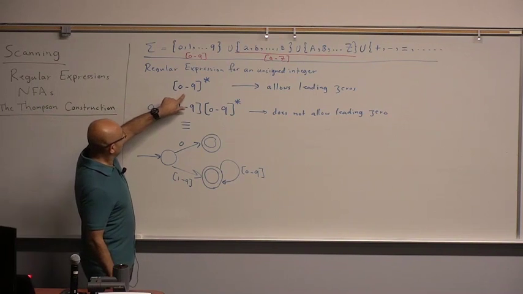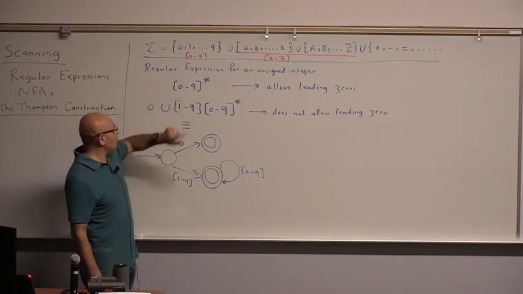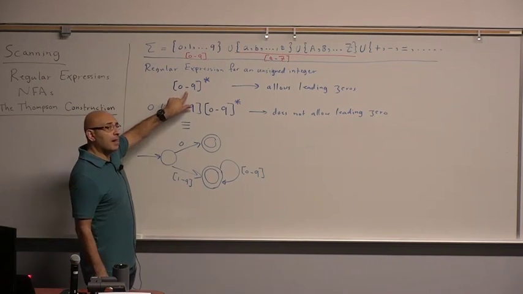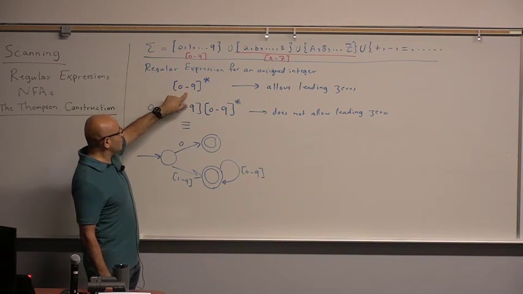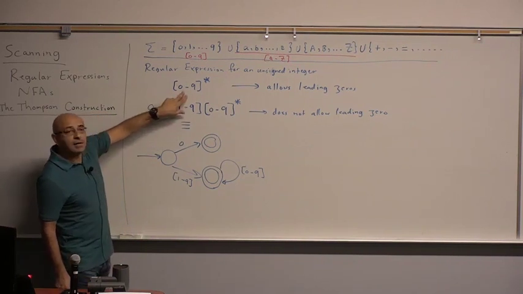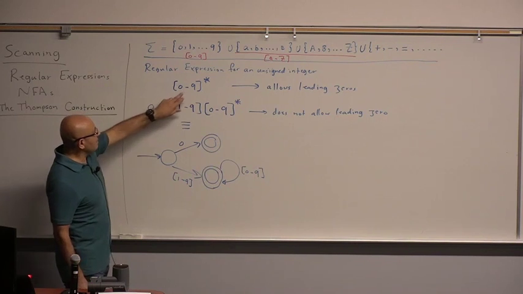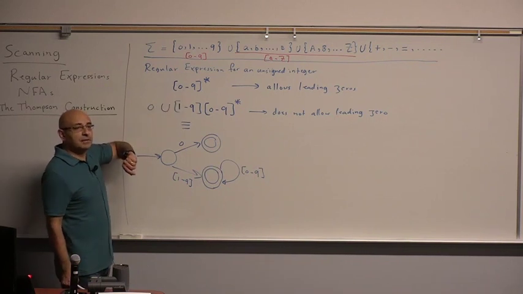By the way, this will also allow something bad. What will this allow? Values too large to fit in an integer? Well, okay, this is definitely not setting any limit on the size of the integer. But from a syntactic point of view, that may not be a big problem.